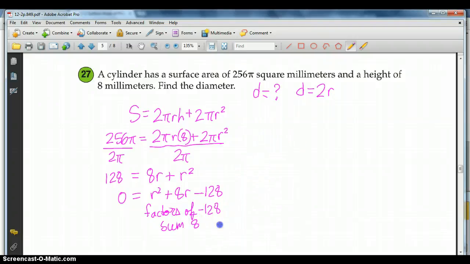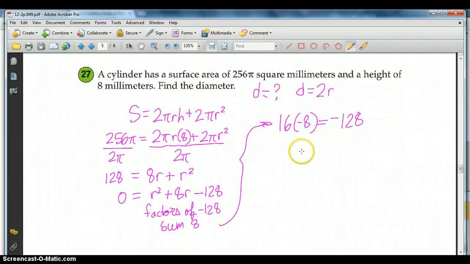So if I take 16 times negative 8, I get negative 128, and 16 plus negative 8, I have a sum of 8. So my two numbers would be 16 and negative 8.